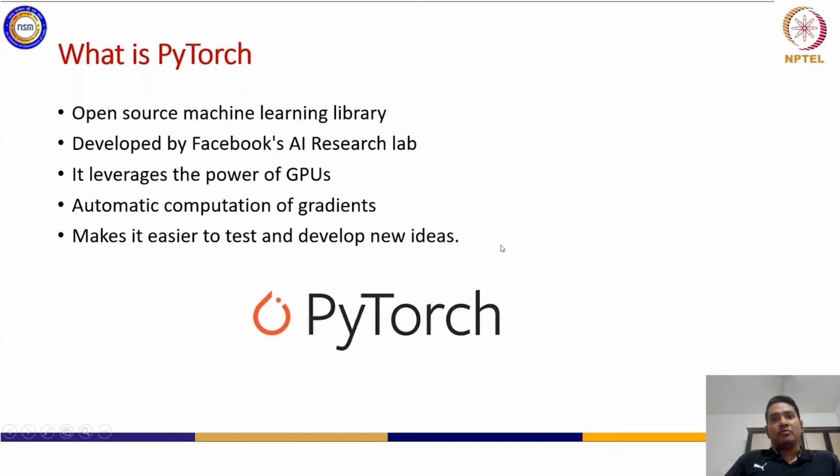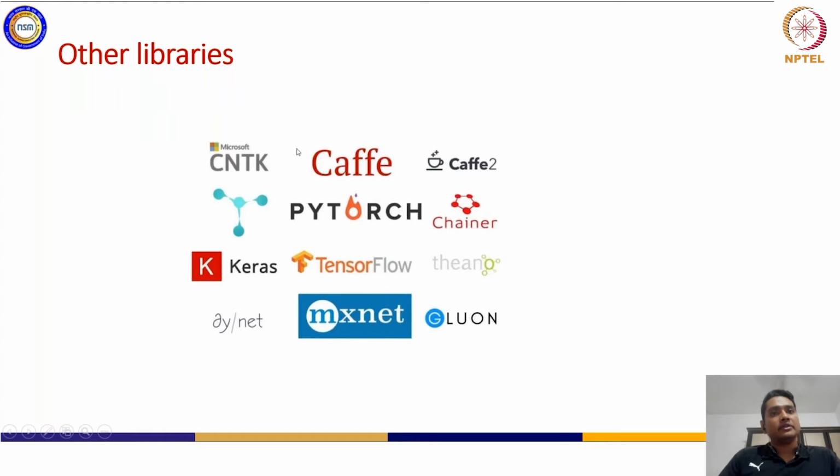So let's go forward with the other libraries. What are the other libraries available instead of PyTorch? We have CNTK from Microsoft. Caffe is there. Caffe2, an updated version, is there. TensorFlow 2 is there. Keras, Theano. All these frameworks are also available, and they do pretty much the same job as PyTorch. So it depends on the developer's choice which framework to go with.